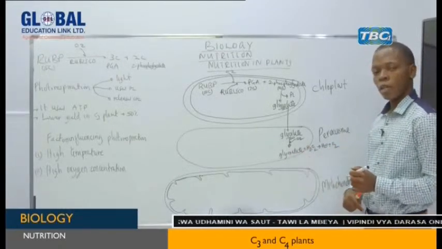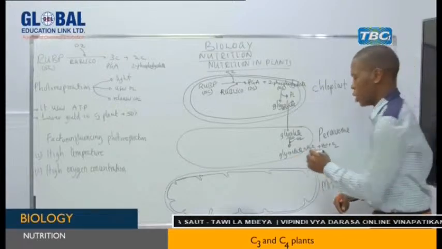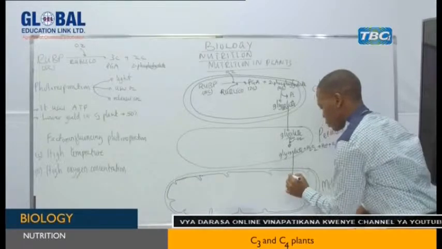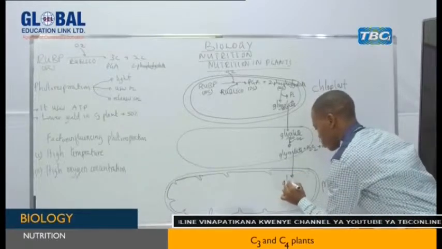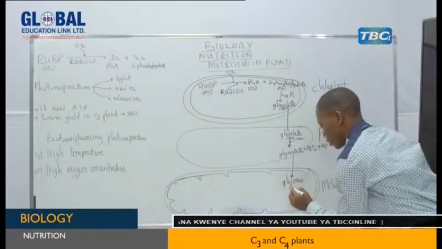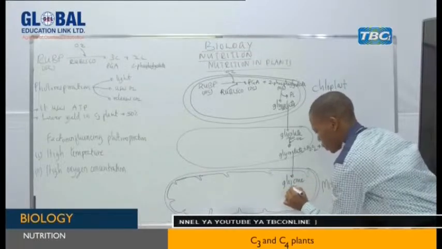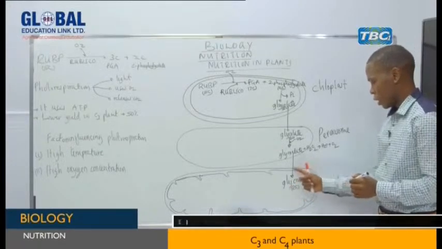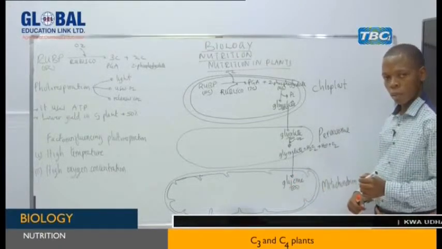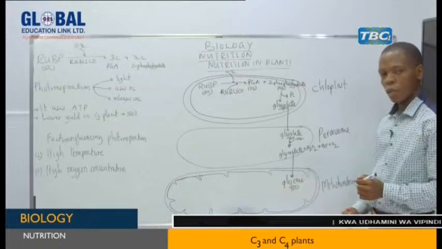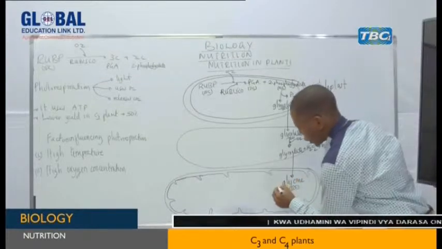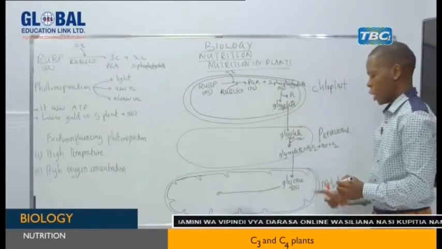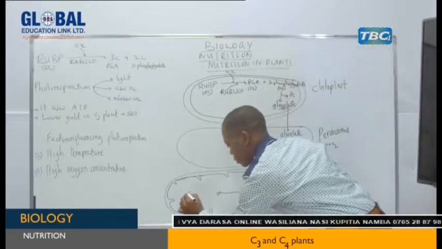Again, this glyoxylate is converted into another compound known as glycine. Again, this is a 2-carbon compound, glycine. This glycine is in the mitochondria. This glycine in the mitochondria again is converted into another compound known as serine.